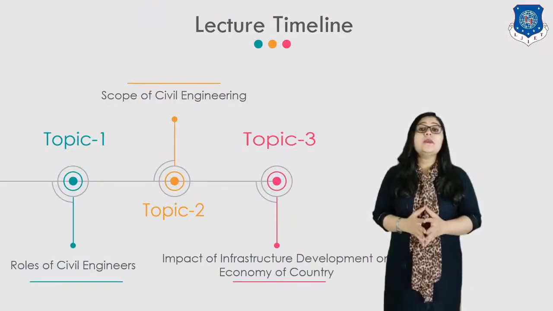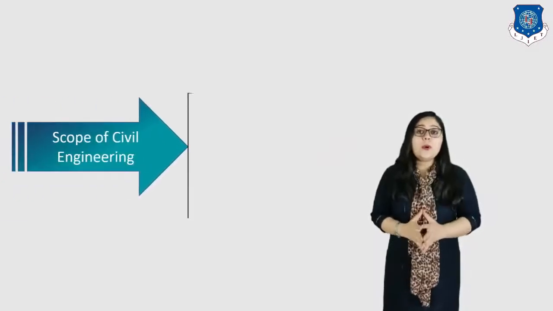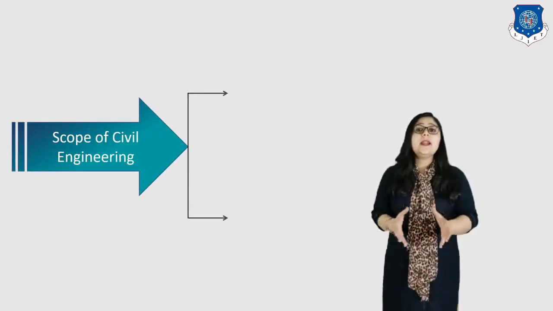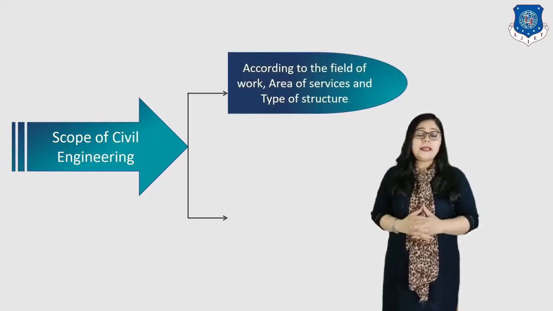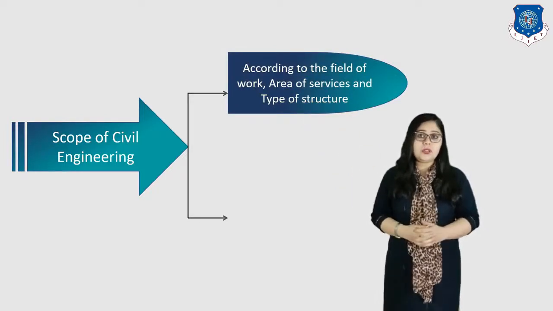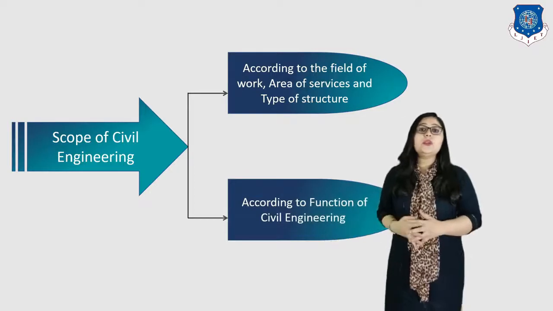Now we will move to our second topic for today's lecture, which is the scope of civil engineering. It is divided into two parts. First is according to the field of work, area of services and type of structure. And the second is according to the function of civil engineering.